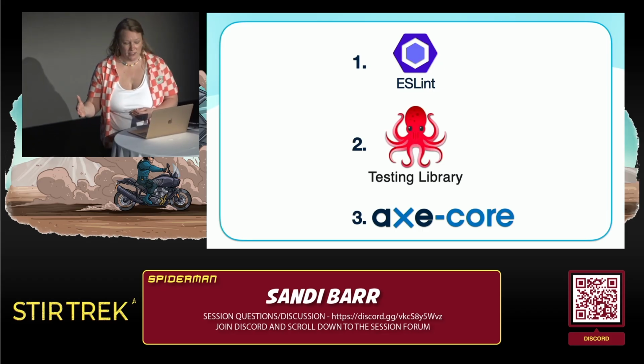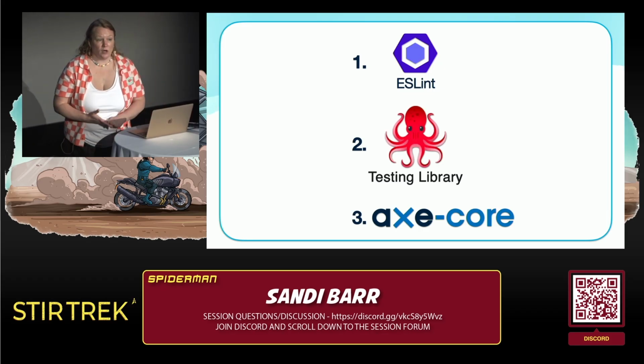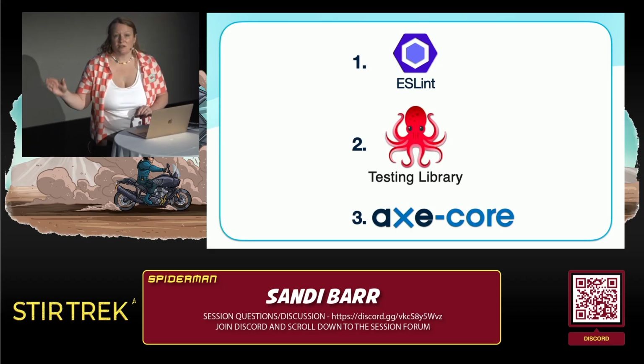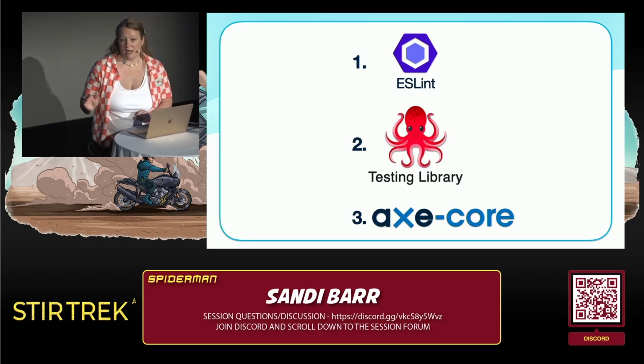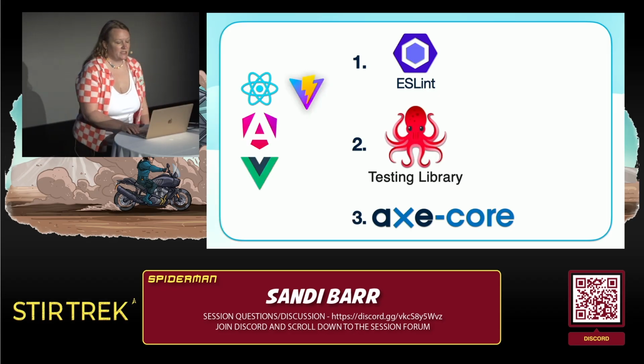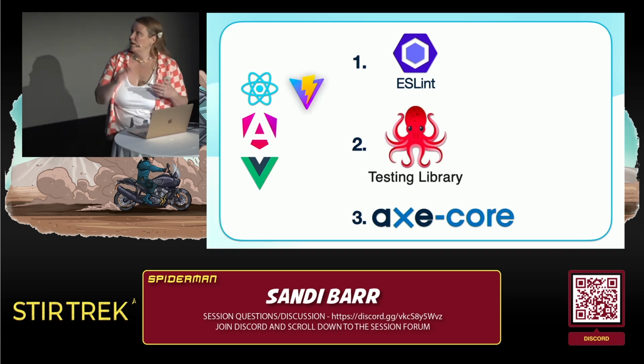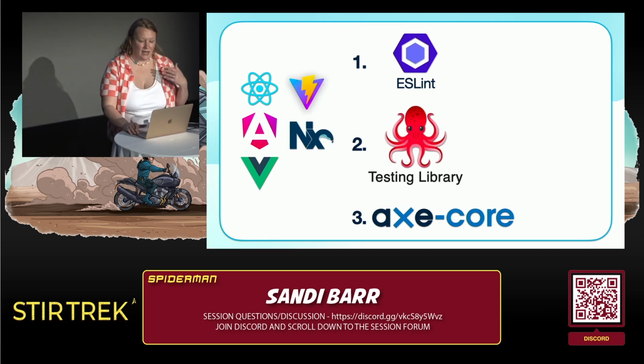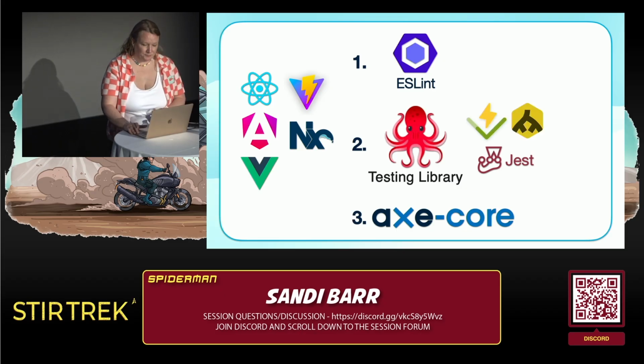And finally, we'll add the Axe Core accessibility engine that automates accessibility testing against a fully running web application in end-to-end tests. You can use these tools in React, Angular, Vue, in a workspace with Vitest, in Vite or in Nx with Jest, or in JSDOM.